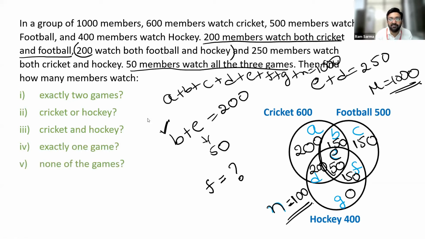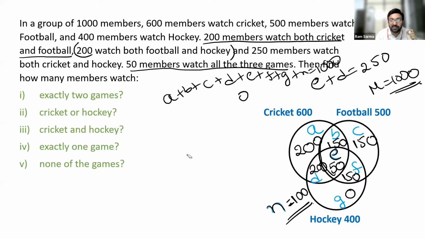Let's work on these 5. I think you guys are ready to answer these. When you write your answer, make sure that you write the question number also. I know that you guys can give me the correct answer, but along with your answer, I'm expecting you to write the question number as well.